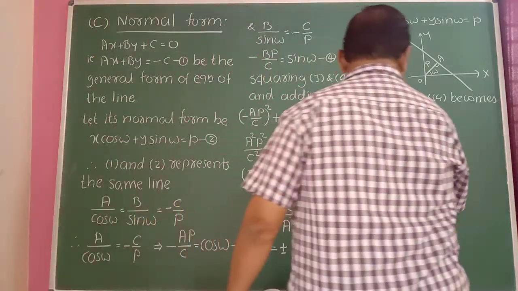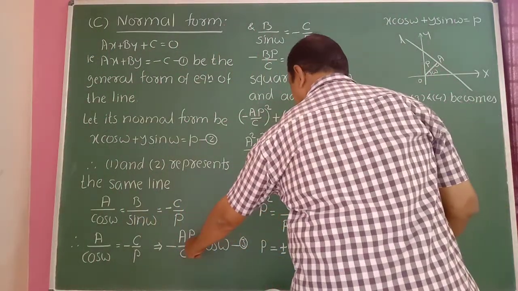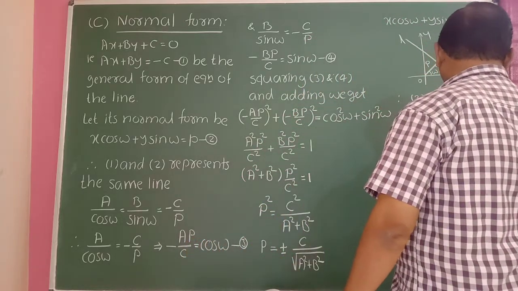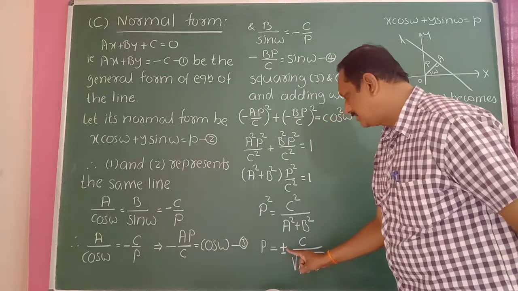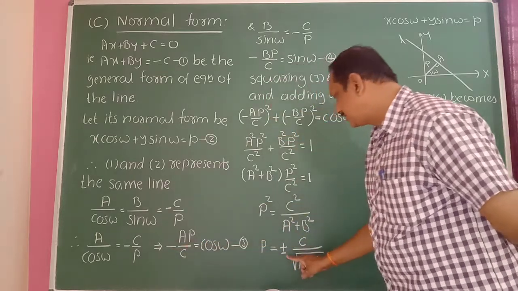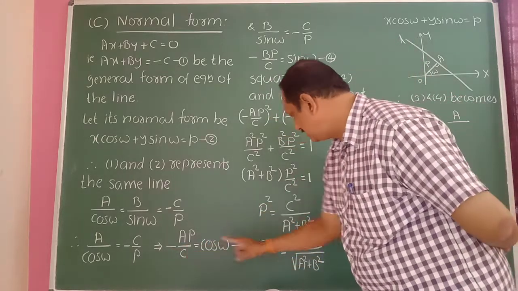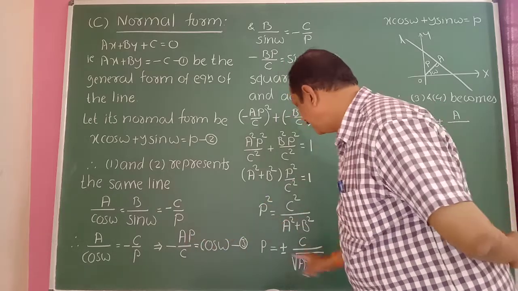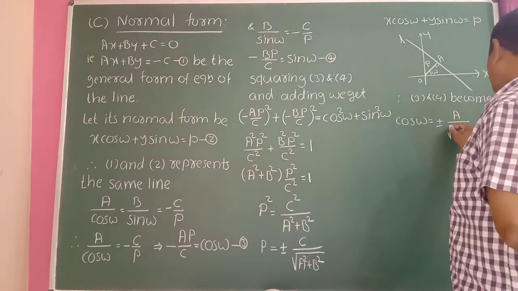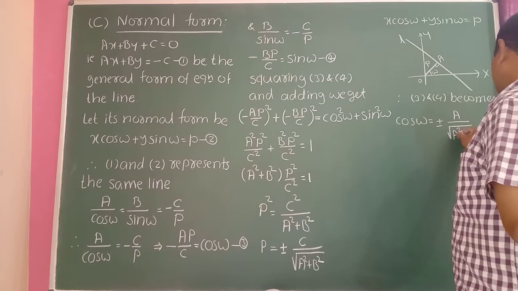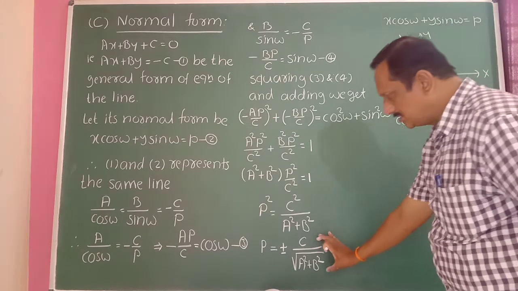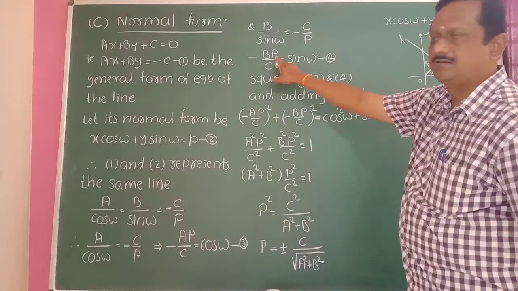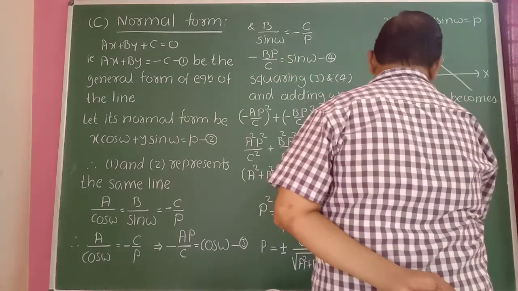Therefore minus of A upon plus or minus, because minus into plus becomes minus and minus into minus becomes a plus. This C cancels, so A divided by root of A square plus B square. Again use this P value for sin of omega.